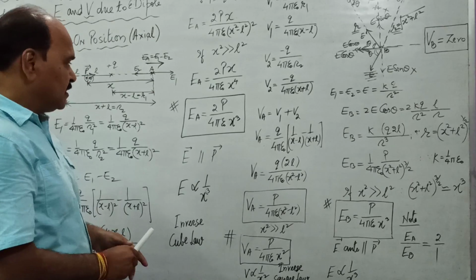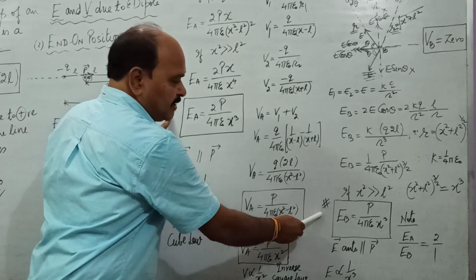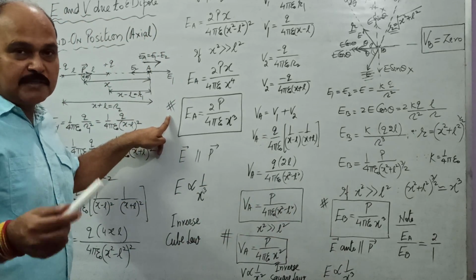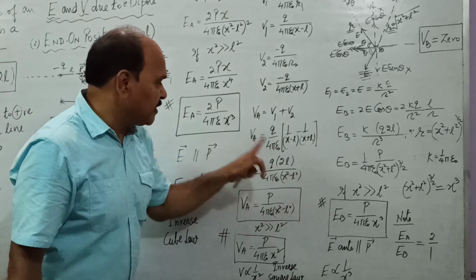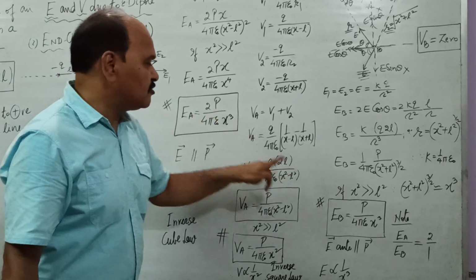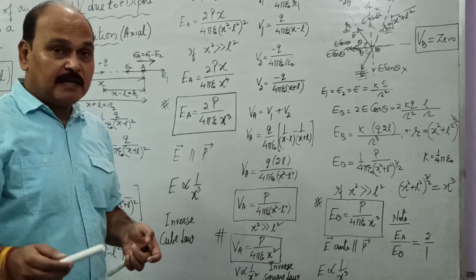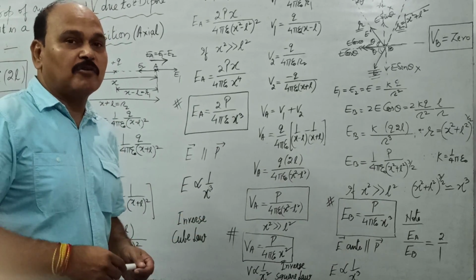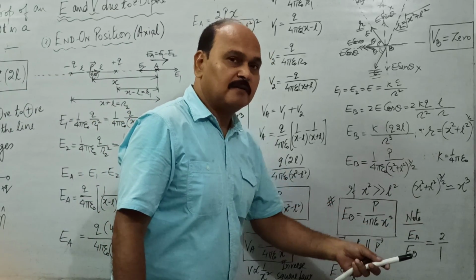But one thing you can see: this is the value of electric field intensity at end-on position, this is the value at broadside position, and if we compare the two values at a given distance, EA upon EB is 2:1. That is, electric field intensity at a given distance at end-on position is twice the value at broadside position. So EA is to EB, the ratio is 2:1.